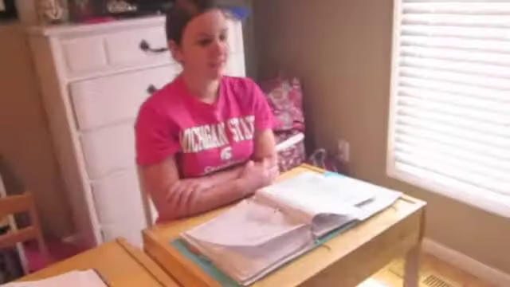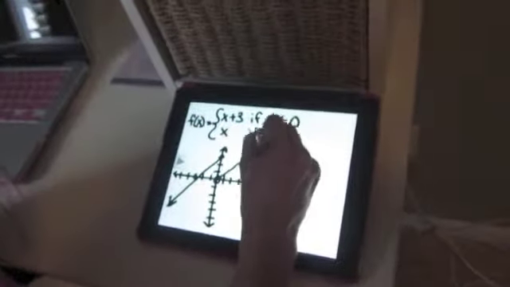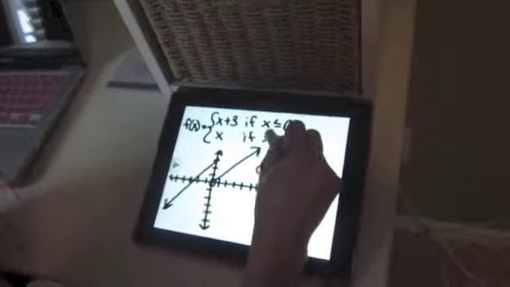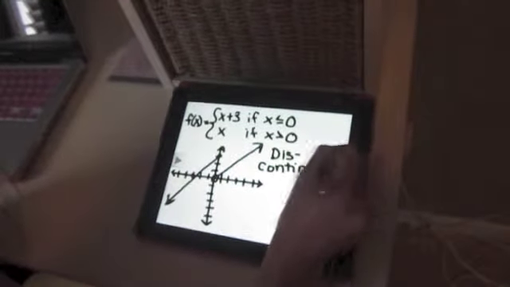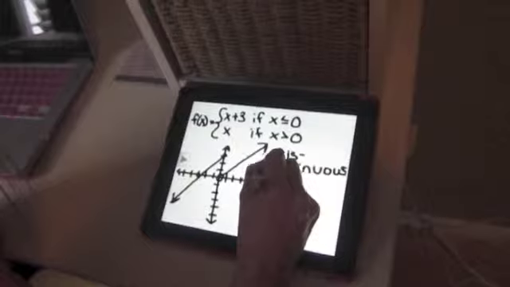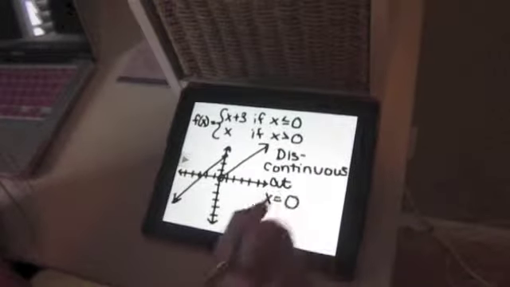Mariah? It is not continuous because there's a jump in the graph at x equals 0. Good job. So, the function is discontinuous at x equals 0. And that is your final answer.